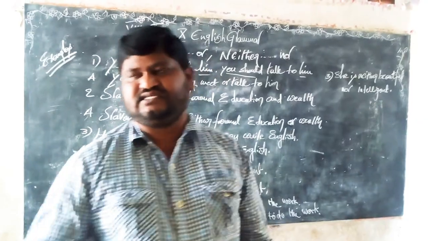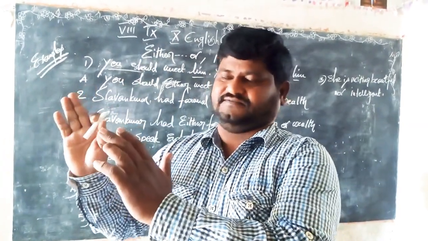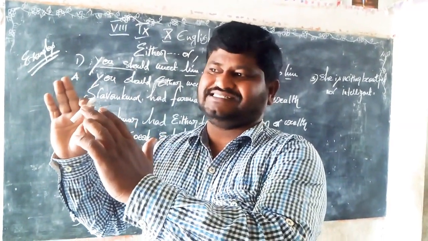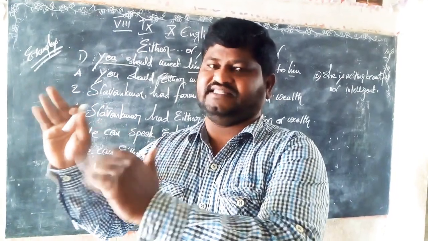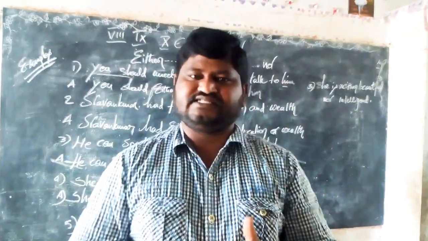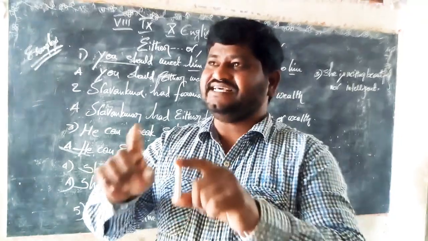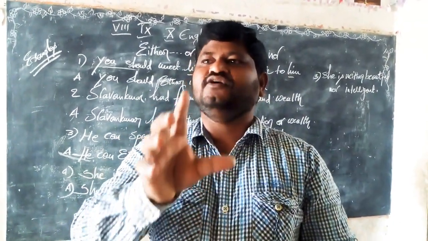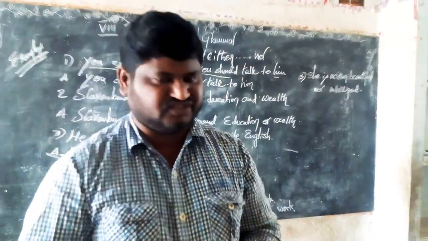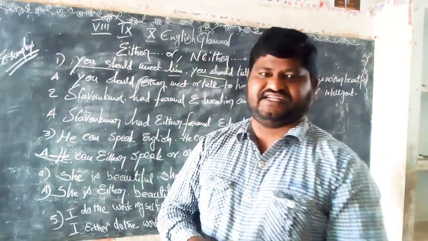Friends, first, what is this either or and neither nor? These two are called correlative conjunctions. That is the first point, friends.